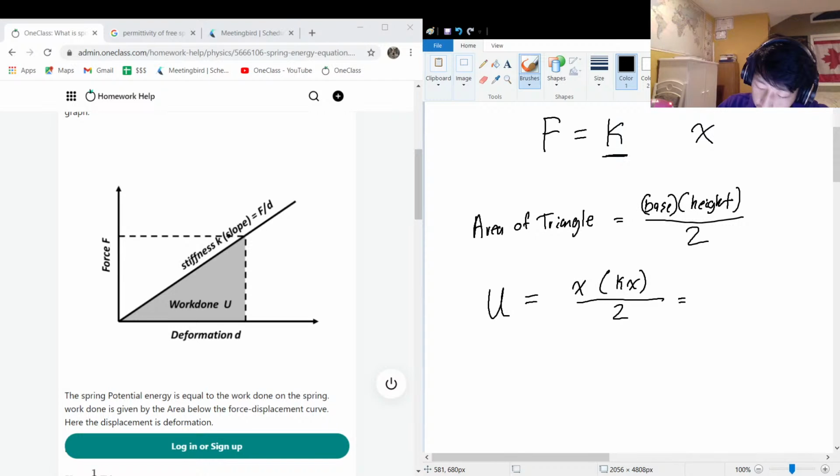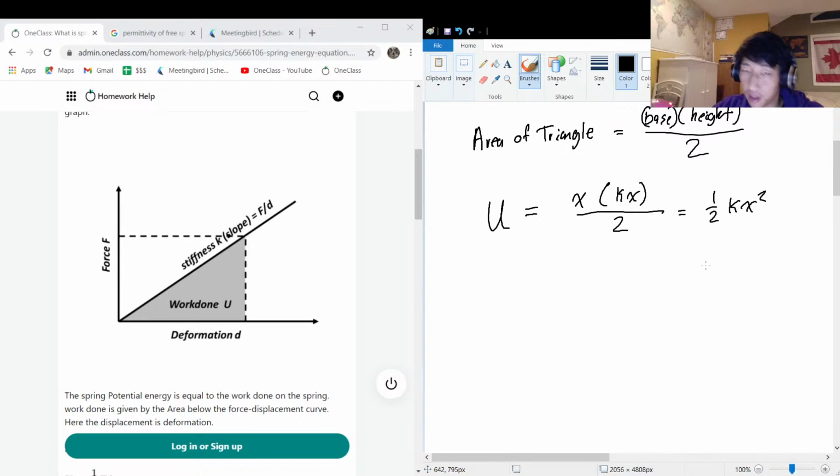We can rewrite this as U equals 1/2 kx squared. That's the potential energy inside a spring once it's compressed. Of course, if there's no compression, if x is equal to 0, there's no potential energy. A lot of x, a lot of potential energy. So this will be the potential energy of a spring.